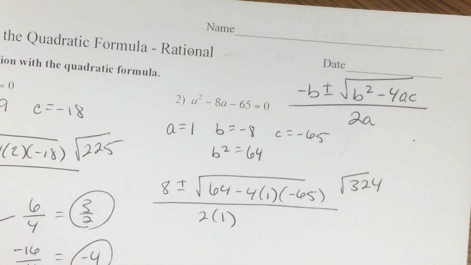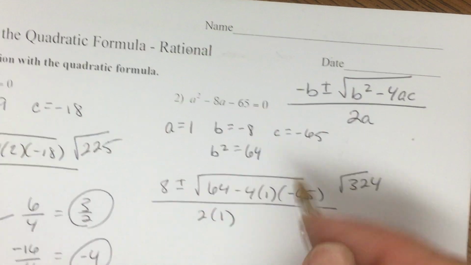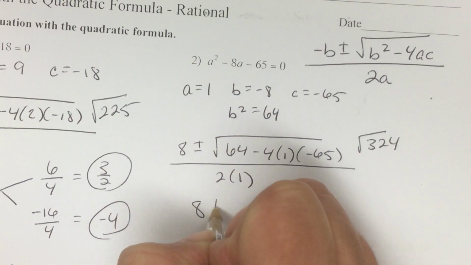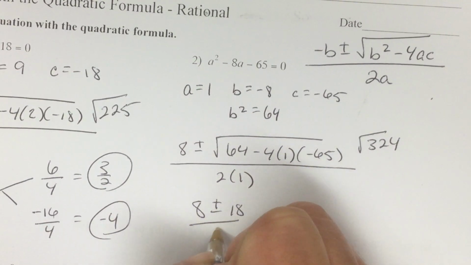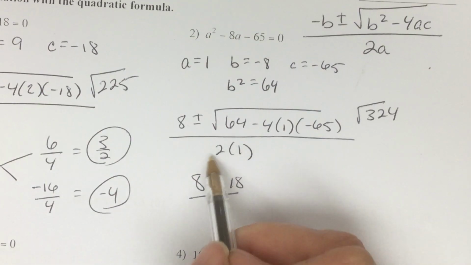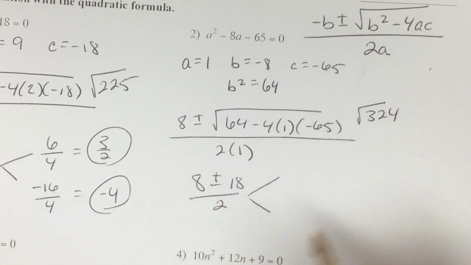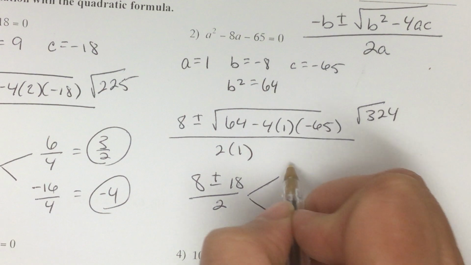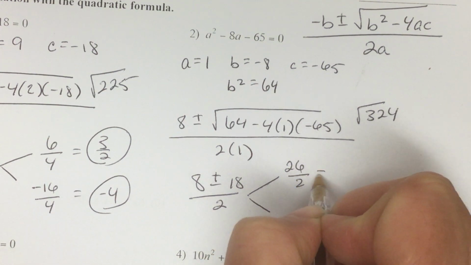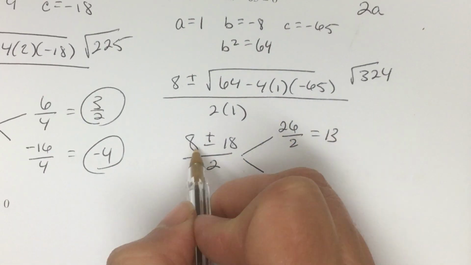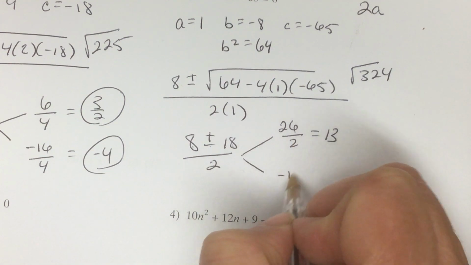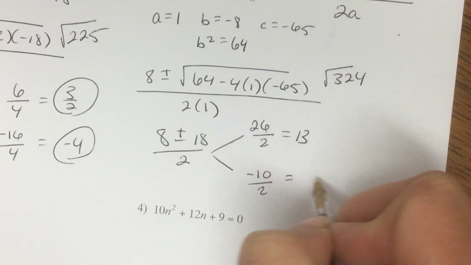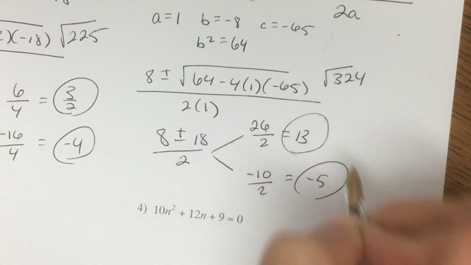So the square root of 324 is, hold on, 18. So 8 plus and minus 18 all over 2, because 2 times 1 is 2. Then you make 2 answers. 8 plus 18 is 26, divided by 2 is 13. 8 minus 18 is negative 10, divided by 2 is negative 5.